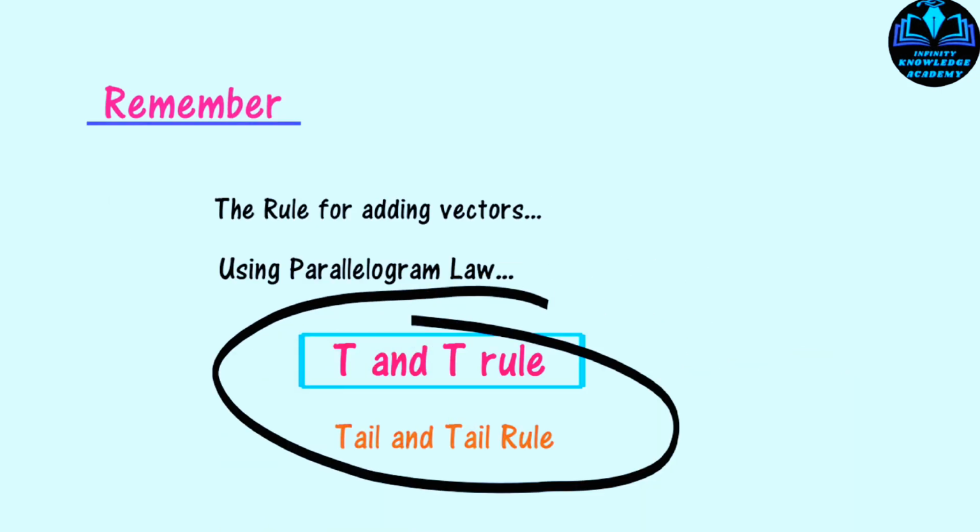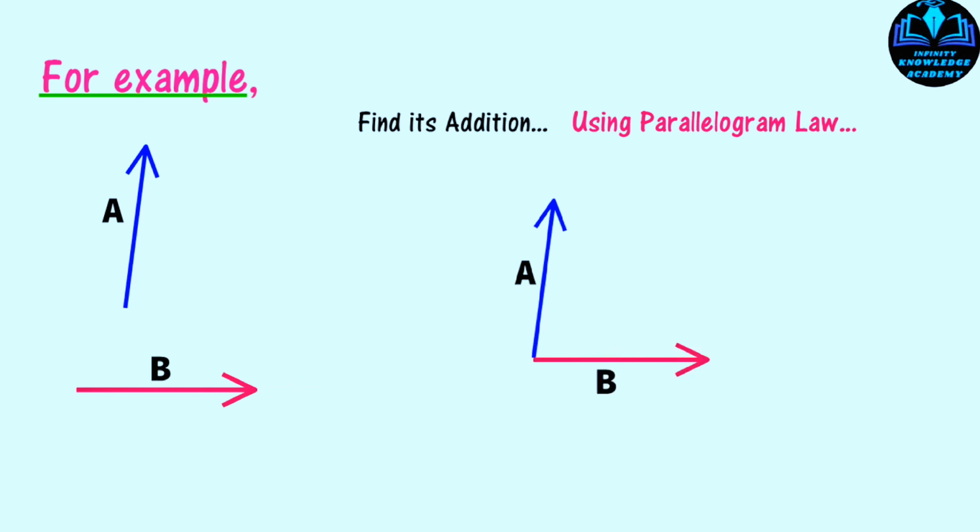I am using the tail and tail rule. I am taking vector A and now I am taking vector B and I am joining the tail of vector B with the tail of vector A. And now I am taking the resultant vector, and also keep it in your mind, the tail of the resultant vector will be joined with the tail of vector A and vector B, and I am getting this resultant vector, and it is giving me A plus B.